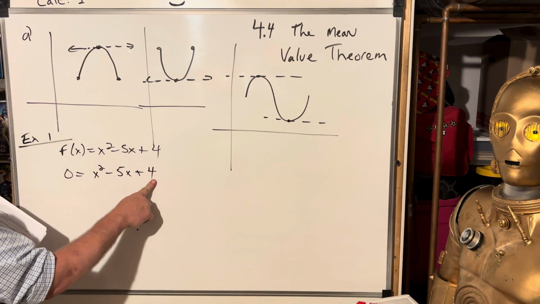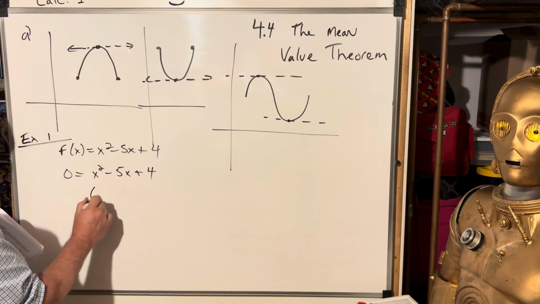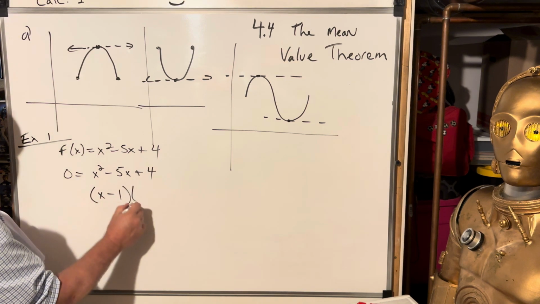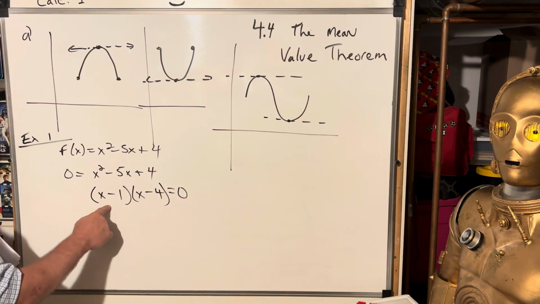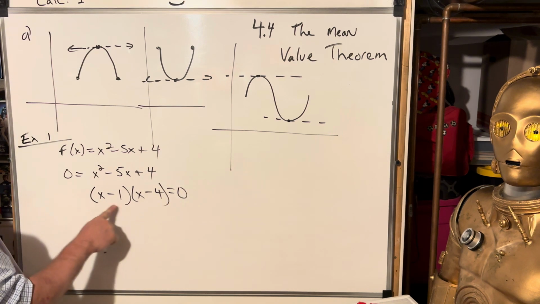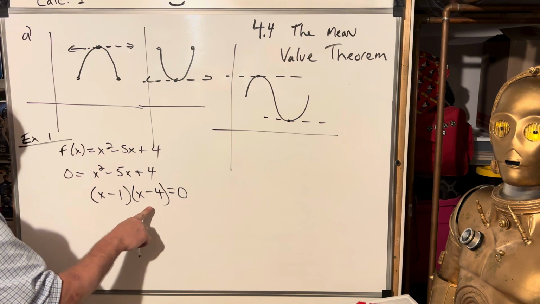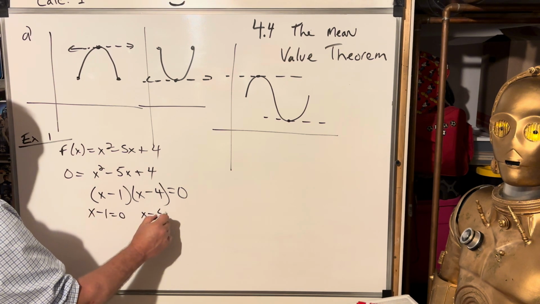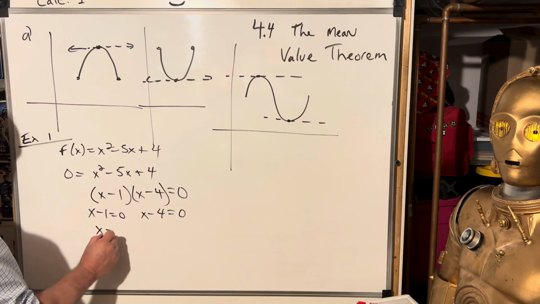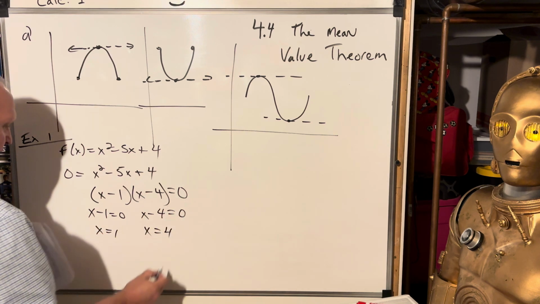So multiplies to be positive 4, adds up to be negative 5. That's got to be negative 1 and negative 4. That's equal to 0. And so the only way we can get 0 through multiplication is if this is a 0 or this is a 0. So that's why we set them both equal to 0. Say x = 1 and x = 4.